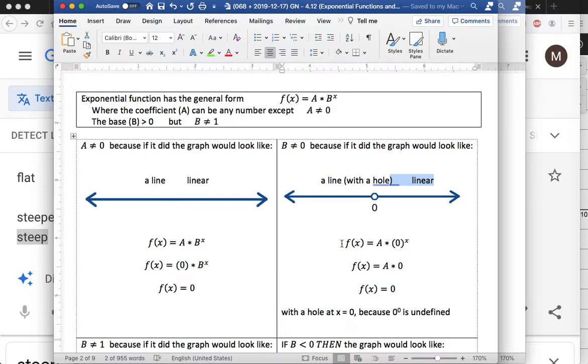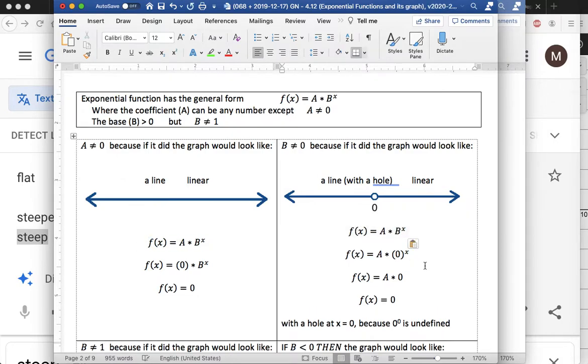The reason that happens, if we have our general equation here and I change the b into 0, is that 0 to any exponent, except for 0, will equal 0. Like 0 times 0 times 0 times 0, 4 times, is still 0.